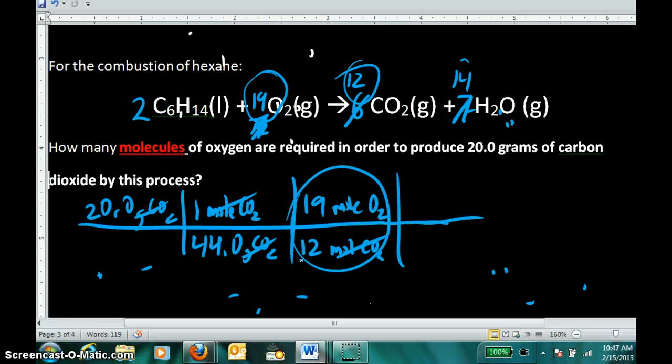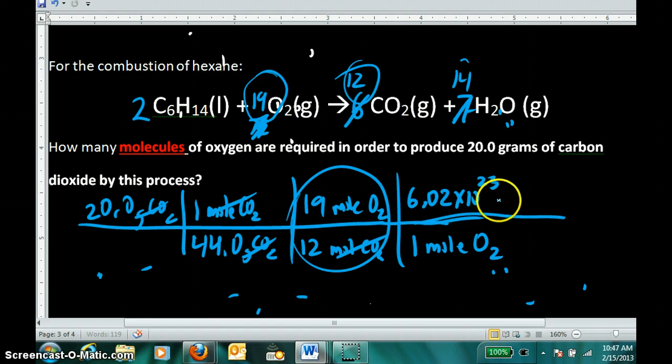At the end, I just jazz it up because I'm asked for a number of molecules. I just use Avogadro's number relationship because 1 mole of anything, including oxygen molecules, is Avogadro's number of those molecules, in this case, of oxygen.